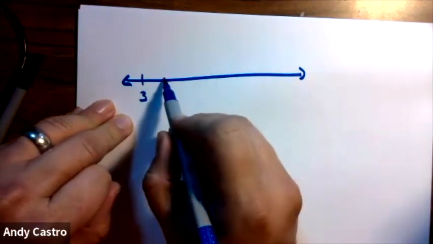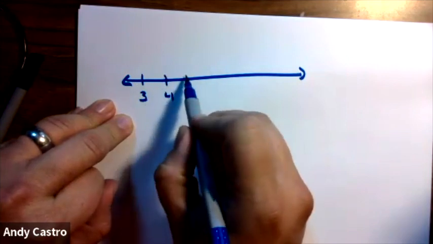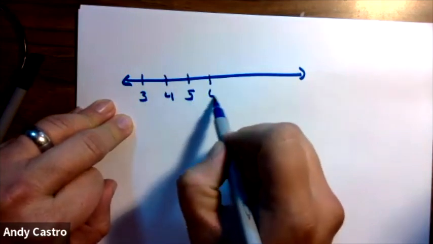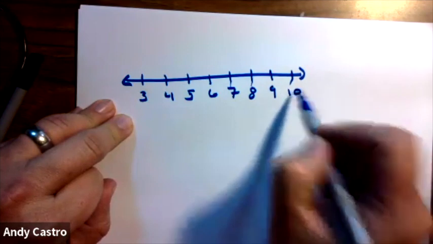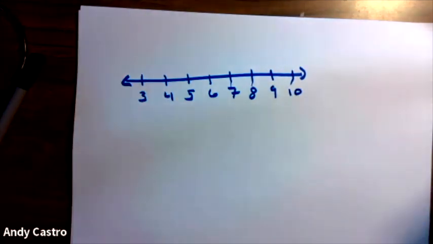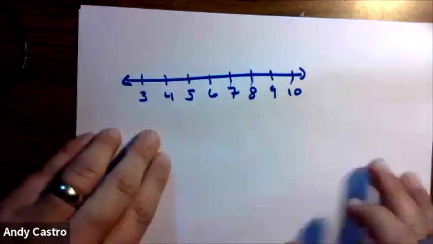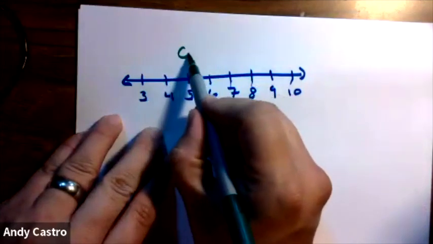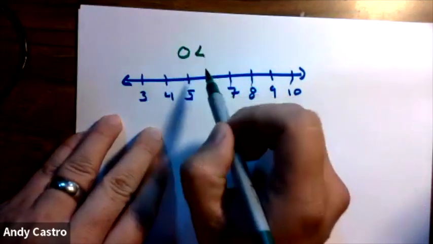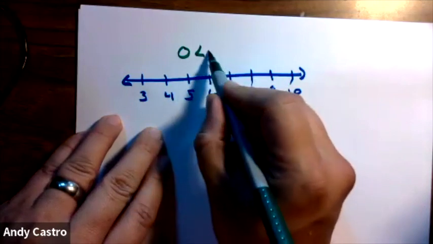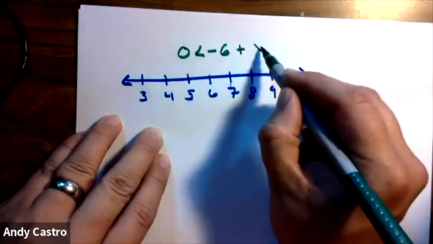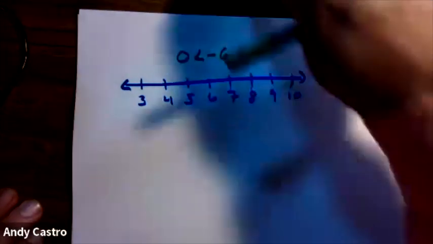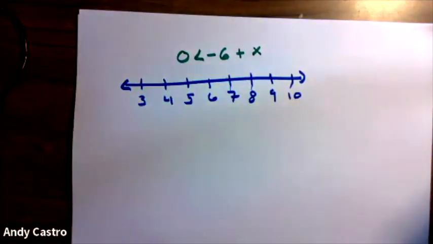The number line, we're going to start kind of down this way. 5, 6, 7, 8, 10. And rather than having a simple x is greater than 9 or x is less than 9, we have an expression. 0 is less than -6 plus x. Okay, 0 is less than -6 plus x.